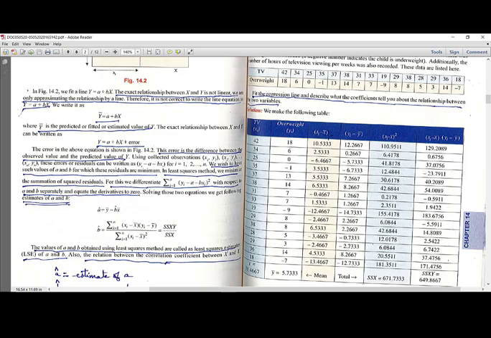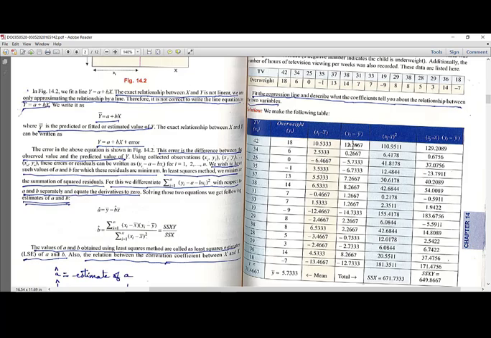And then what we have done is xi minus x bar. That means this 42 minus 31.4667, that is 10.5333. 34 minus 31.4667, that is 2.5333. Then 25 minus 31.4667, that is minus 6.4667. Like that we have done these calculations, xi minus x bar.